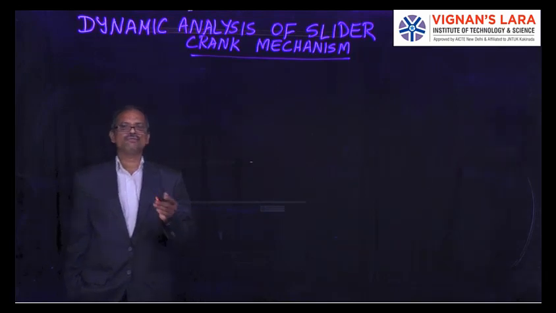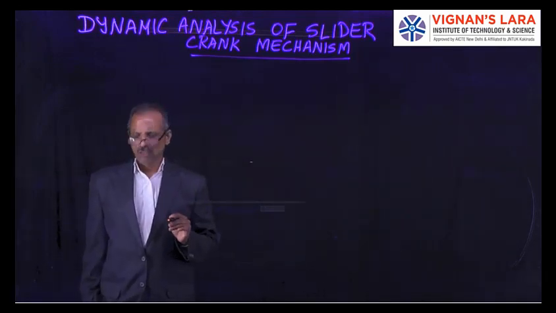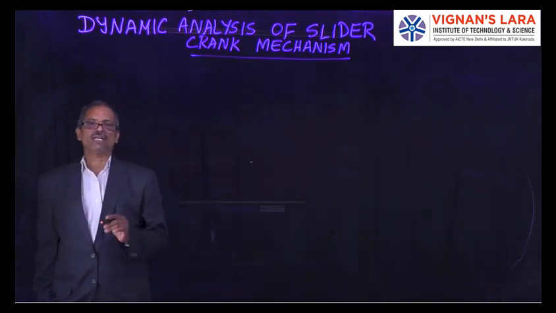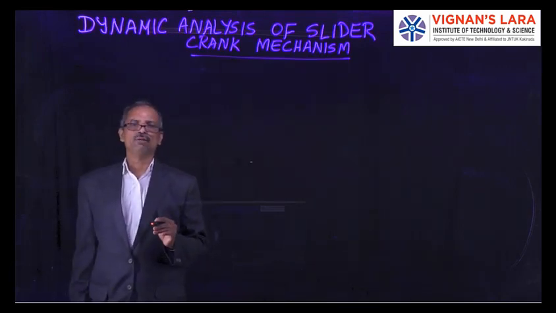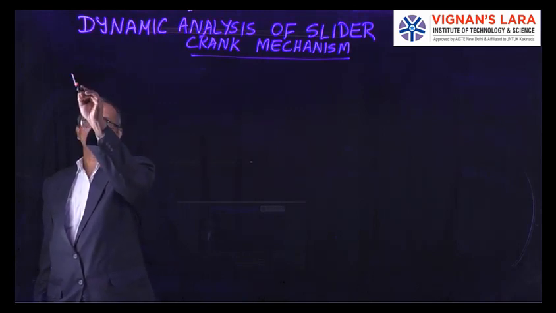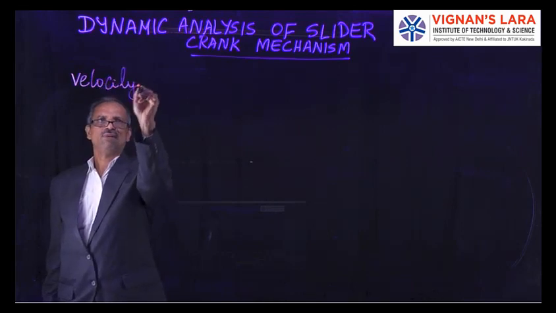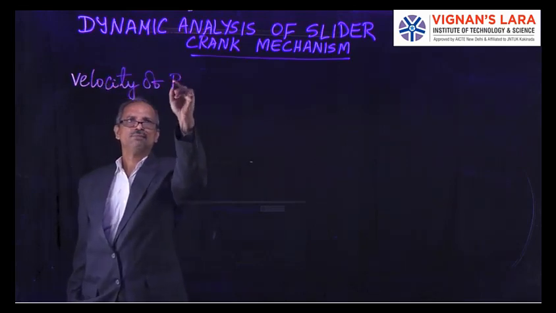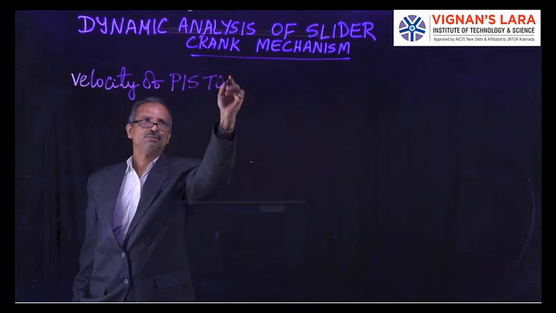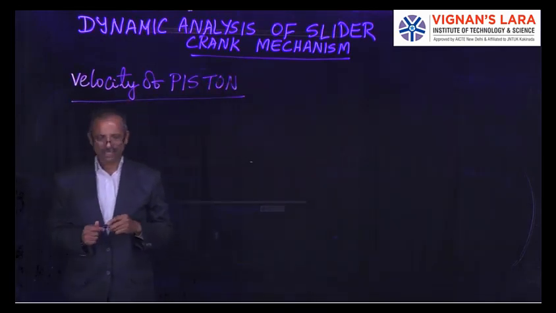So just now we have finished finding the displacement of the piston. Now I will further proceed to find the velocity of the piston. So let us see the velocity of piston. What do you mean by velocity?